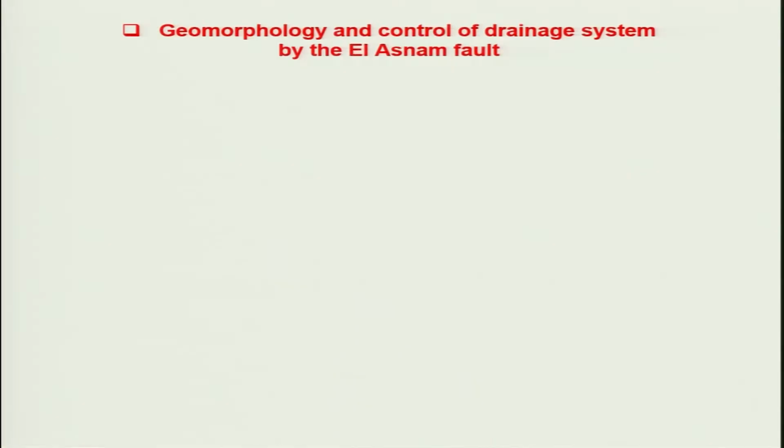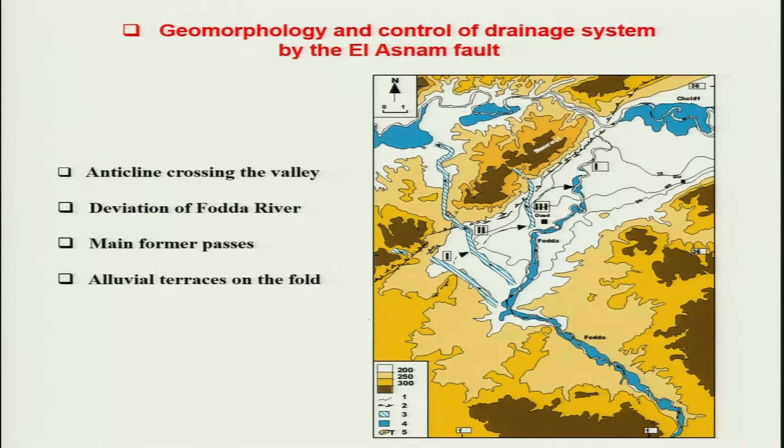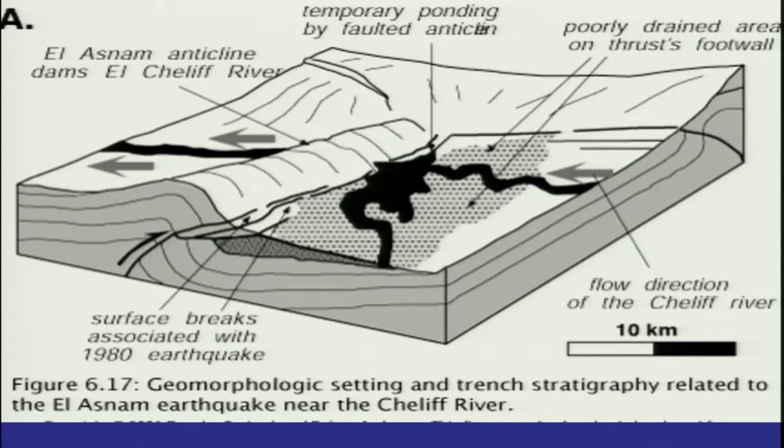Now coming to the geomorphic and drainage control because of the Alasnam fault. It was identified that because of the folding there was a damming, or blocking, of one of the channels, as you can see in the previous slide, that you have the stream which was blocked. This blackish portion is shown as the stream here.